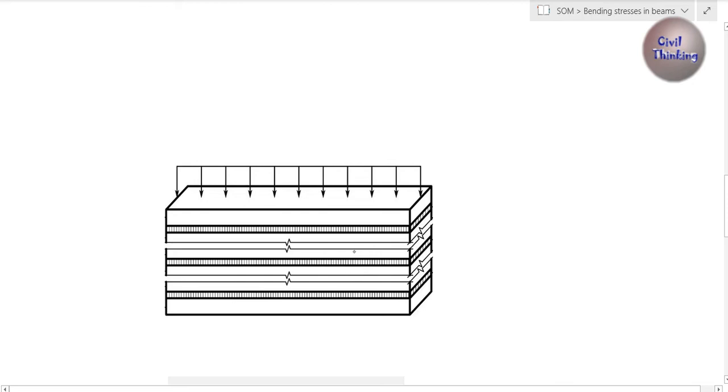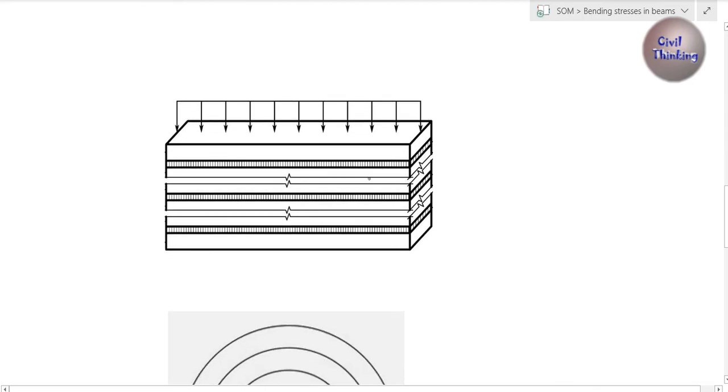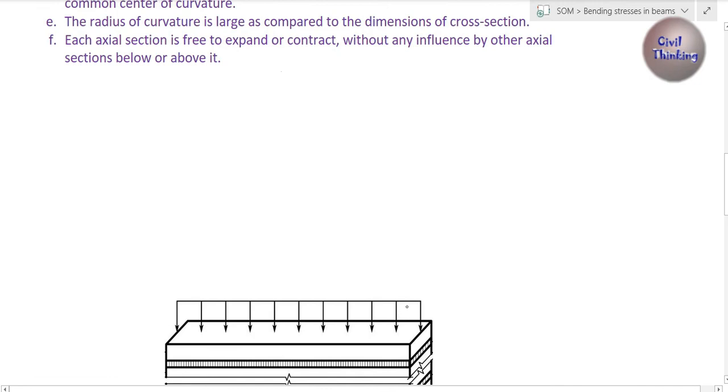Now look at this beam. Let me draw another beam.